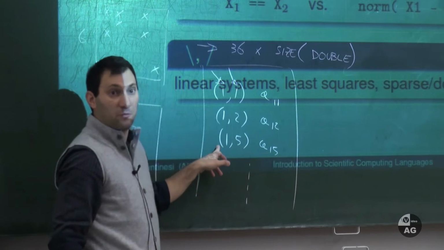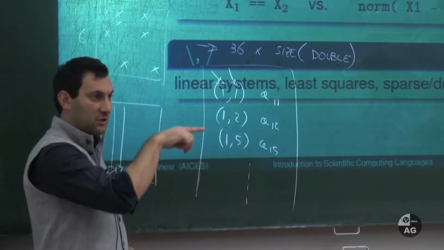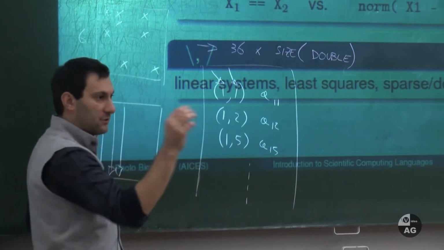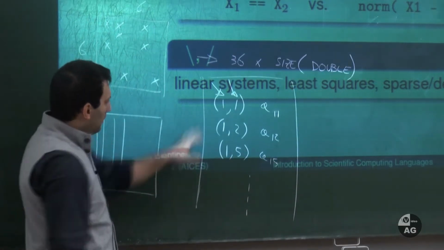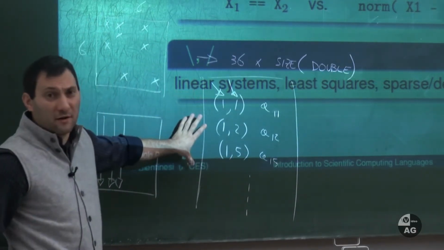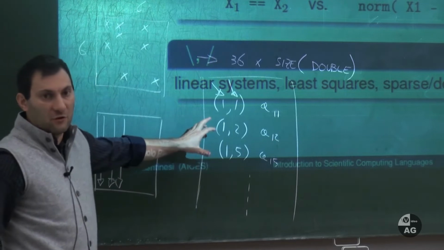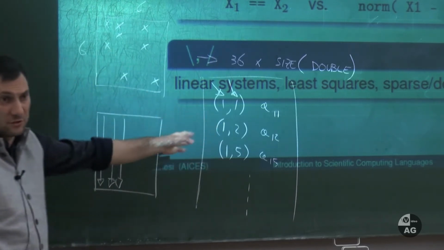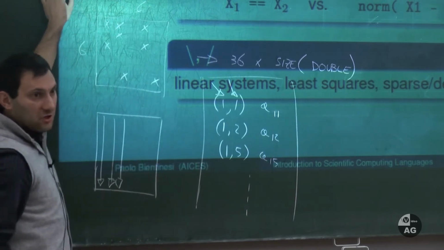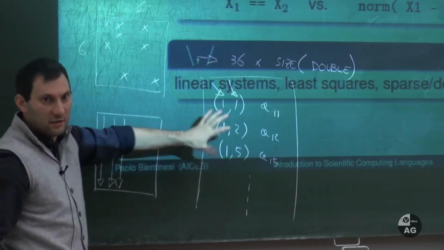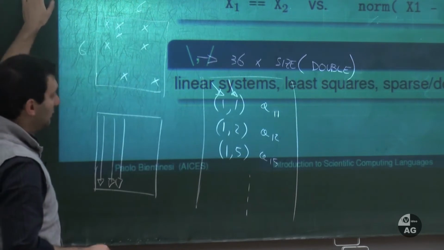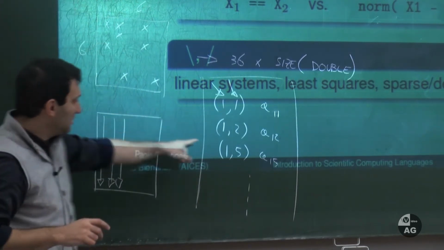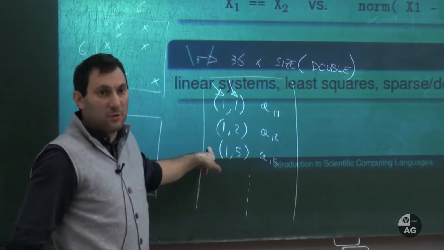But over here we have to specify: we are in such and such position, and the entry is this. This is one of many different ways of storing a sparse matrix. It's just how Matlab stores it, so that's why I'm showing it. You can actually compress this data in many different ways. But this is only how to store a sparse matrix.